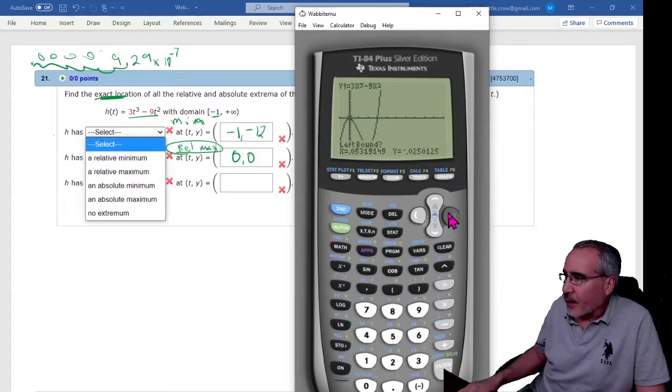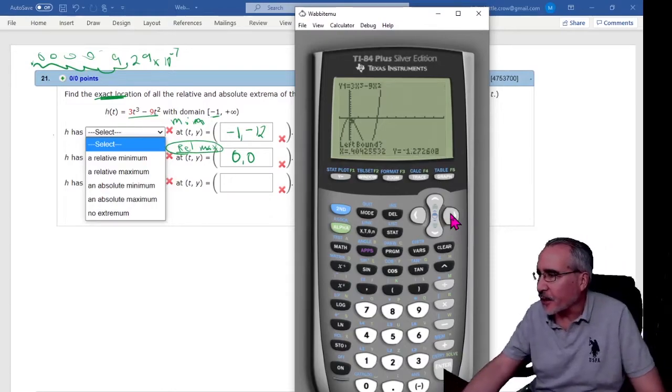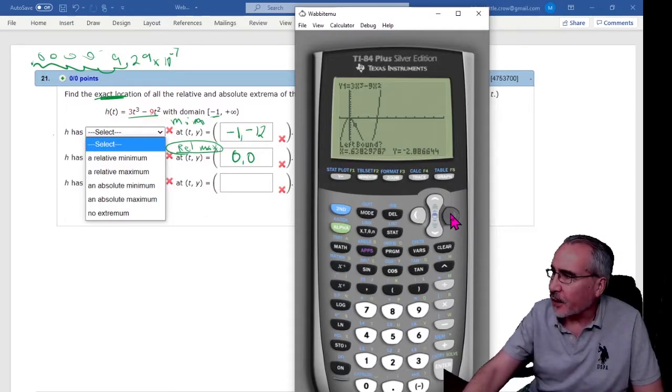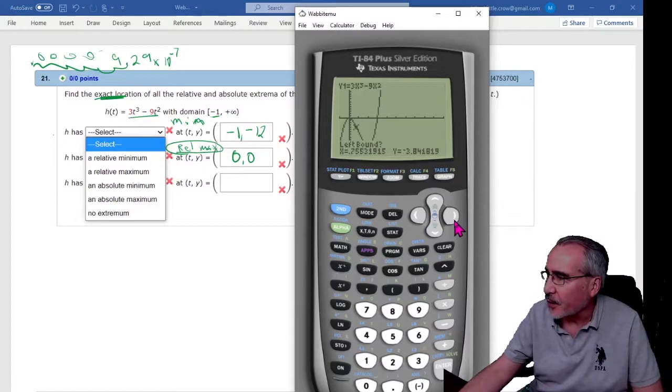And again, this thing is going to be a slow walker. I wonder if I hit the arrow keys. That seemed to work, sort of. Maybe I should restart this thing. Okay, so I'm going to put a left bound there. I'm at the left of the hill.